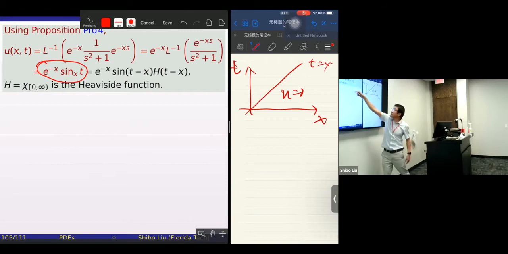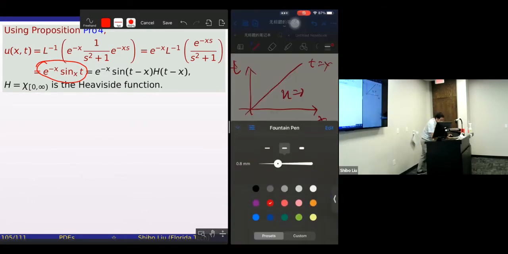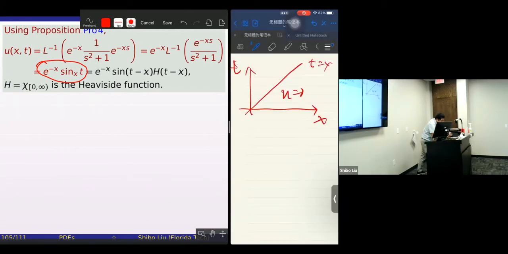So this solution means that u is 0 below this line, including the x-axis. This coincides with our condition for t equal to 0. But u is given on the upper part. When t is greater than x, u is e to the minus x sine t minus x.